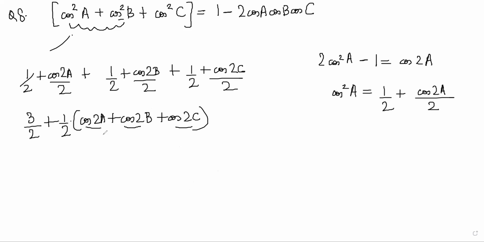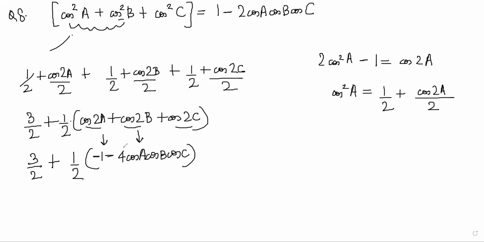We proved in question number 2 that this is minus 1 minus 4 cos A cos B cos C. So use that because you have proved it. Don't use it if you have not proved it. Unless you have proved something, you cannot use it. So 3 by 2 now minus half minus 2 cos A cos B cos C is coming. So this becomes 1 minus 2 cos A cos B cos C.